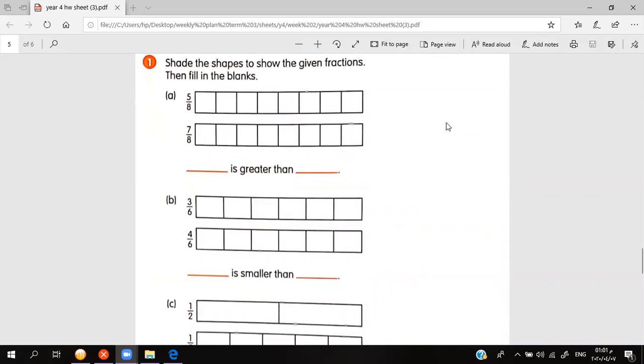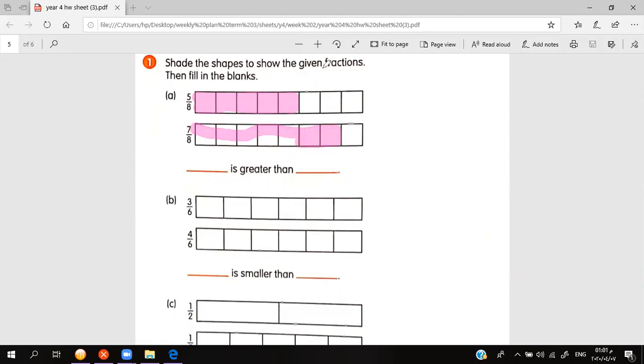Here it's very easy. Shade the shapes with the given fractions and then fill in the blanks. 5: 1, 2, 3, 4, 5. Here is 5 from the 8, and then 7 from the 8.